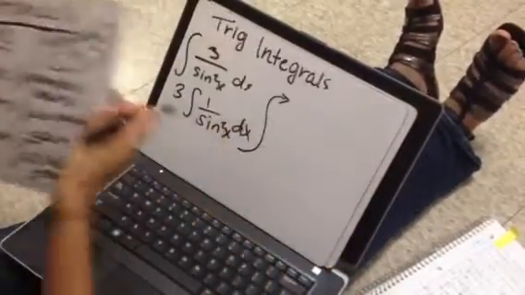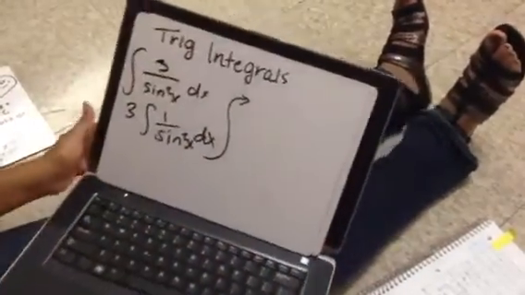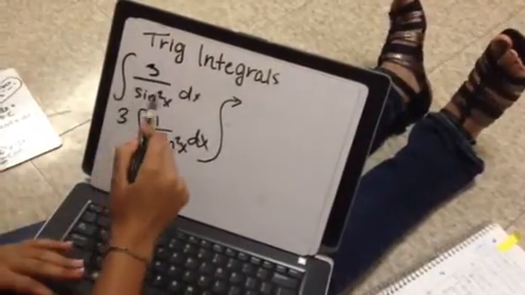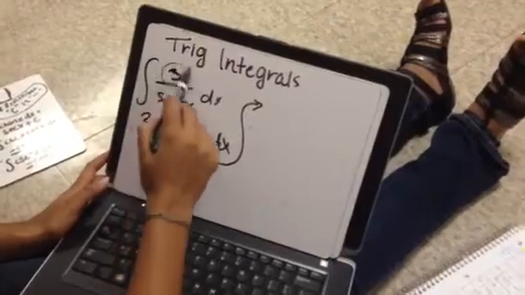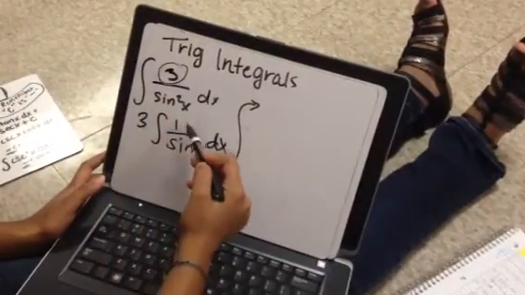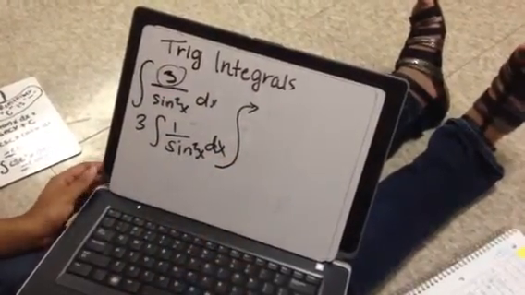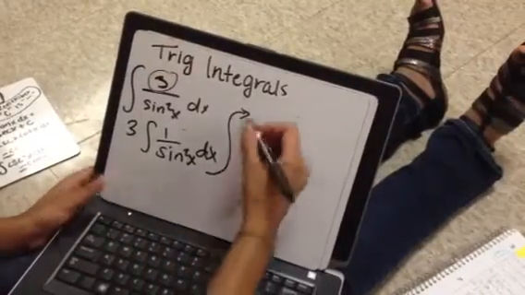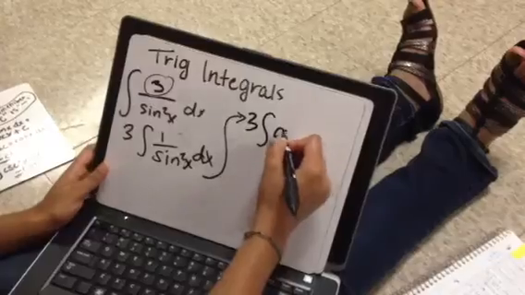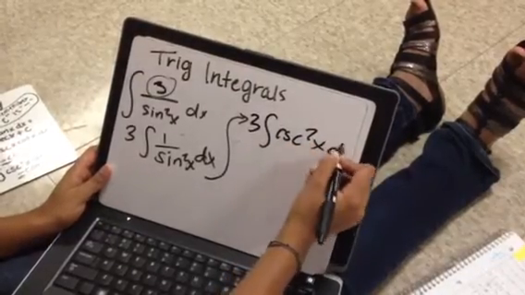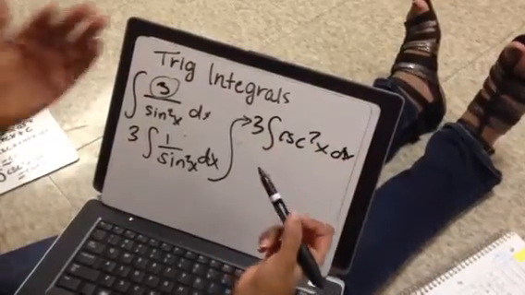So we're going to start off with a problem. The problem is the integral of 3 over sine squared x dx. The first thing you're going to do is pull out the 3, and that's going to leave 1 over sine squared x. Now you want to simplify it, so it's going to be 3 times the integral of cosecant squared x dx. That's a lot easier to solve.